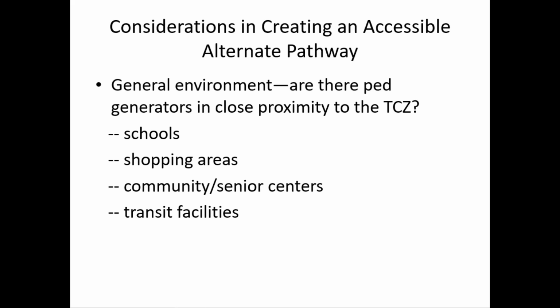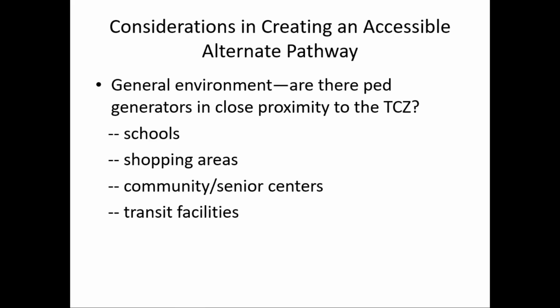And now we're going to get into the specifics of accessible, detectable, temporary paths, look at some of the tools, but start out with a few introductory comments in terms of what to consider. I call this considerations in creating an accessible alternate pathway. So look at the general environment.